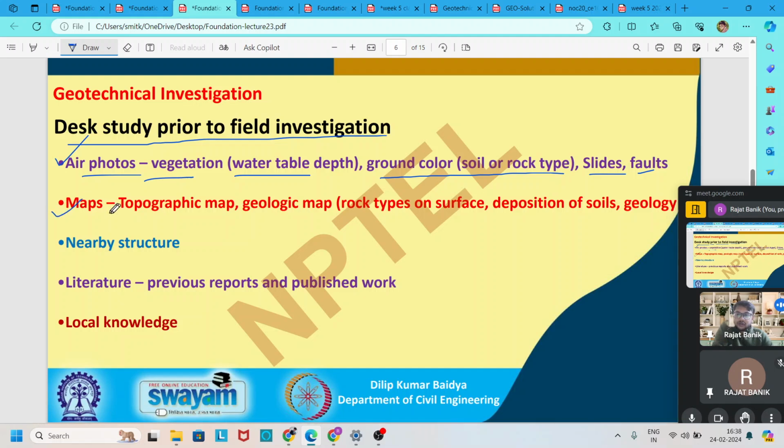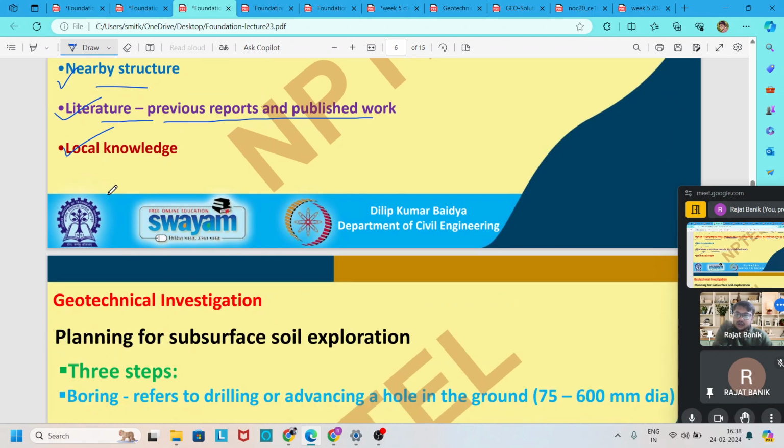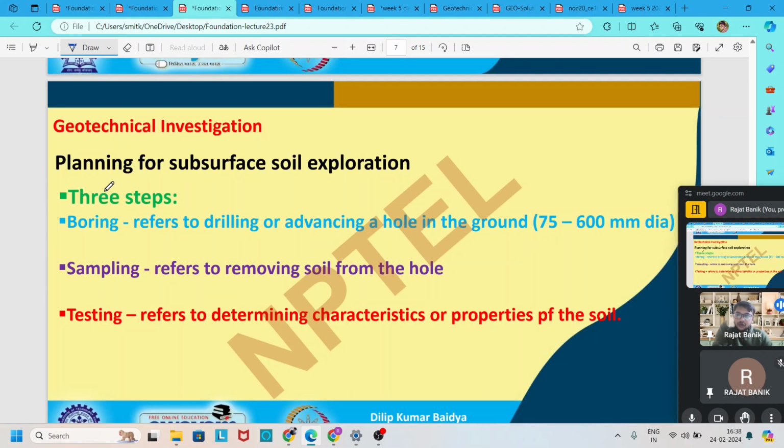Also examine the maps: topographic maps, geologic maps, the rock types on the surface, deposition of soil, geology, and also examine the nearby structures and go through the previously published literature based on this type of soil, and some local knowledge they also have to get for the desk study. After that, they have to plan the subsurface soil exploration.